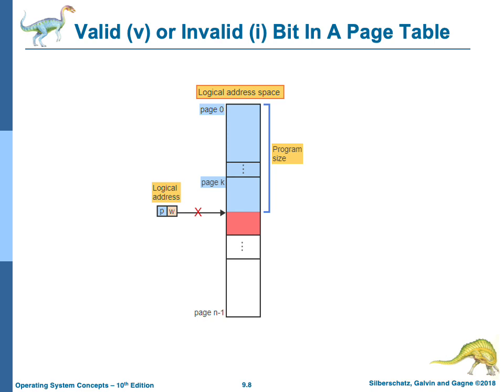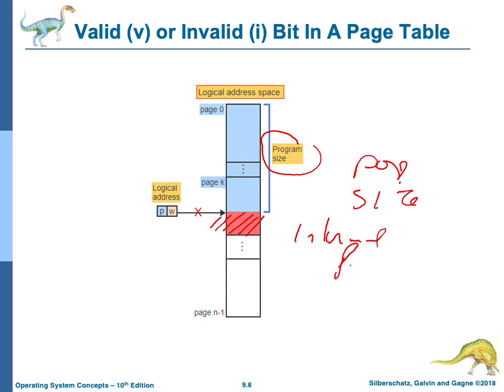Sometimes, if the program size is not a multiple of the page size, a portion of the page will go to internal fragmentation.